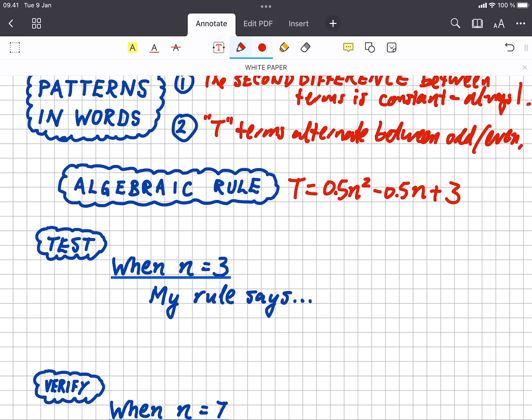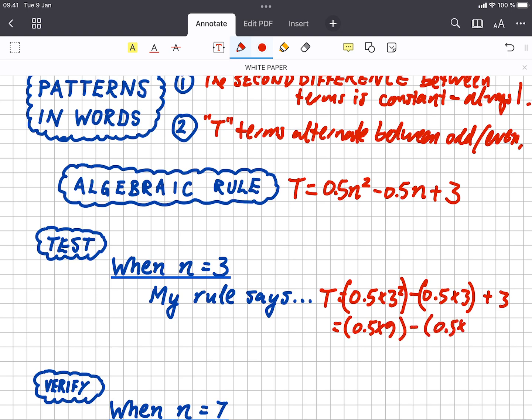Okay, now the testing and verifying. So when n equals 3, my rule says that t equals 0.5 times 3 squared minus 0.5 times 3 plus 3. I might want to put some brackets around the bits of these, although strictly speaking they're not necessary. So that's 0.5 times 9 minus 0.5 times 3 plus 3.